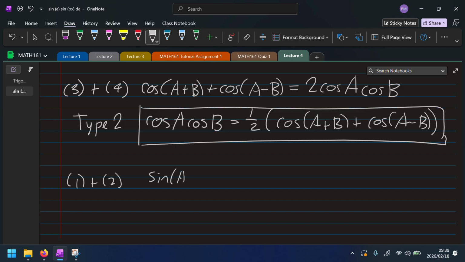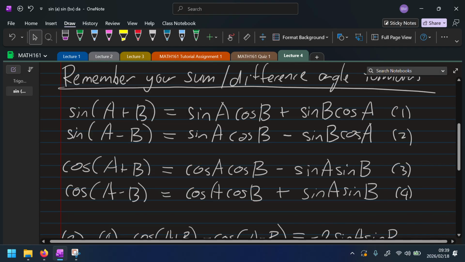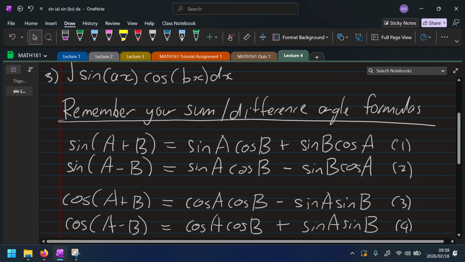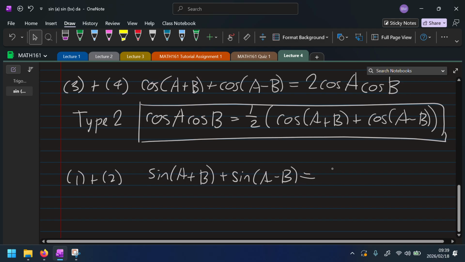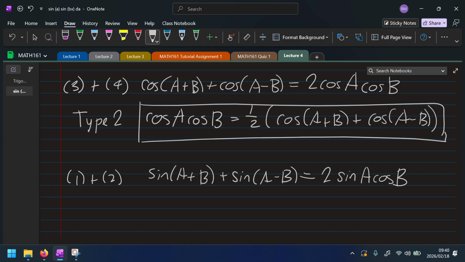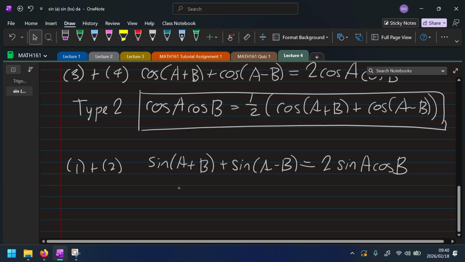So this will be sine A plus B plus sine A minus B. Okay, like we said, that's going to cancel, and we just have a double up of sine A cos B. Okay, then we take the half over, and we've got our last equation.